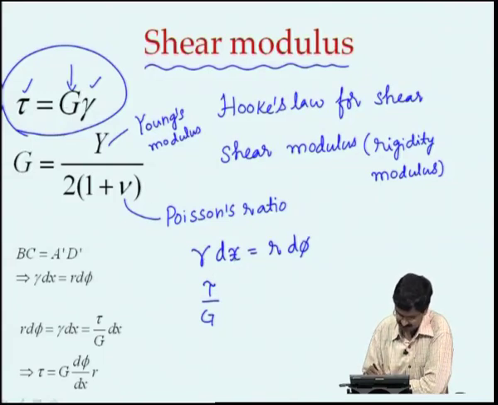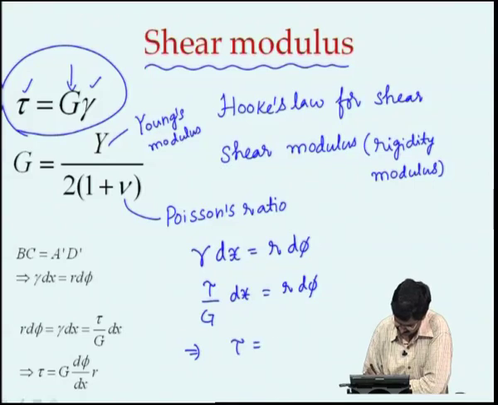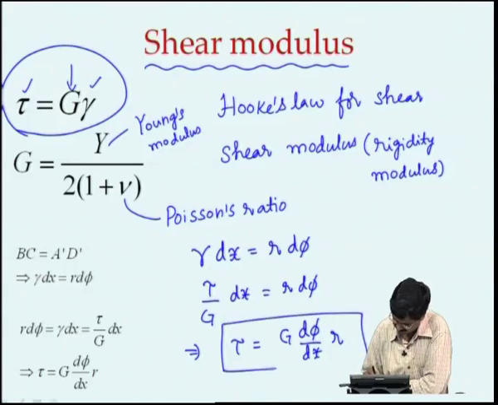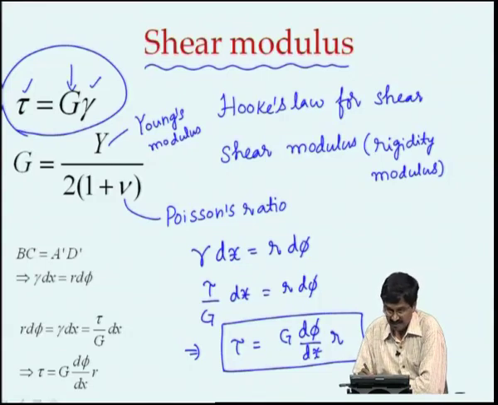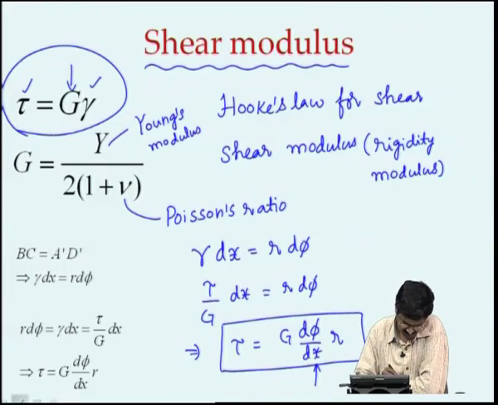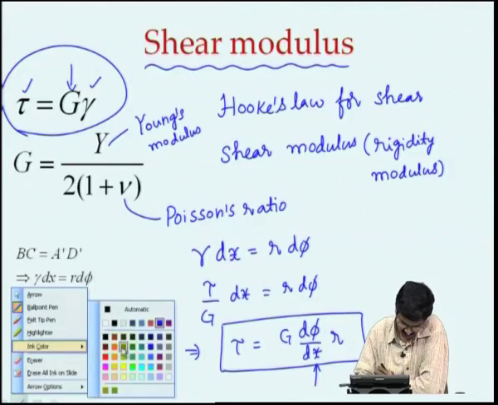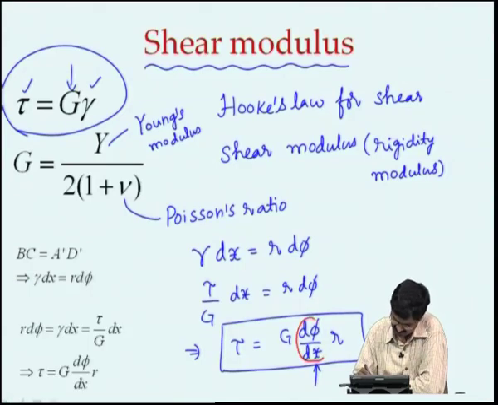So, gamma we replace by tau by G into dx equal to r d phi, or we can write tau is equal to G into d phi by dx into r, which is what we have written here. Shear stress is equal to shear modulus times rate of twist. This is the quantity, rate of twist of the shaft along the x axis, along the axis, times the radius at different radii.